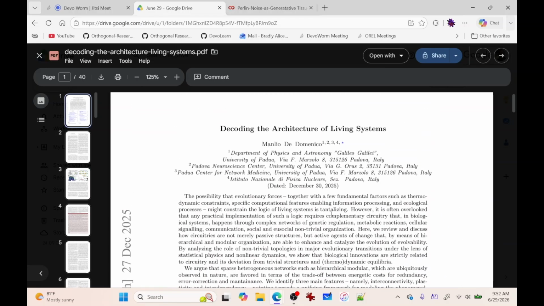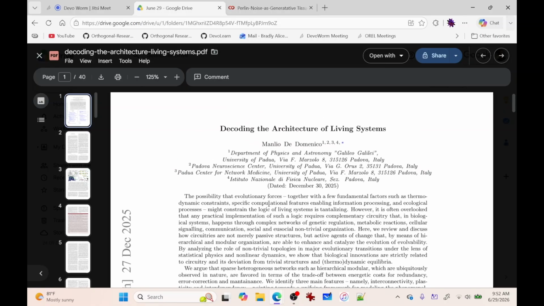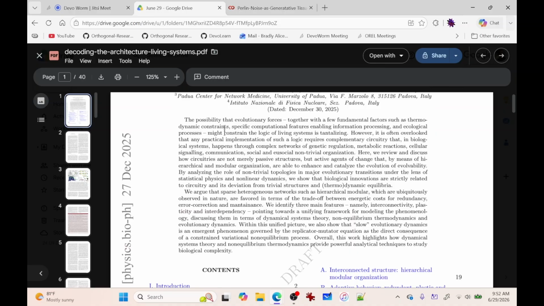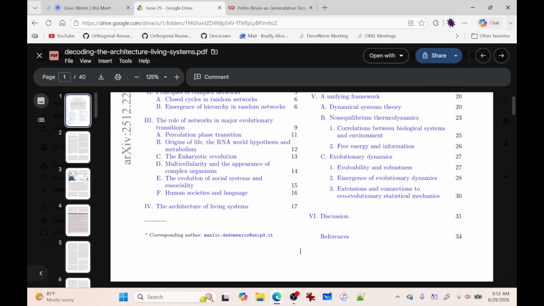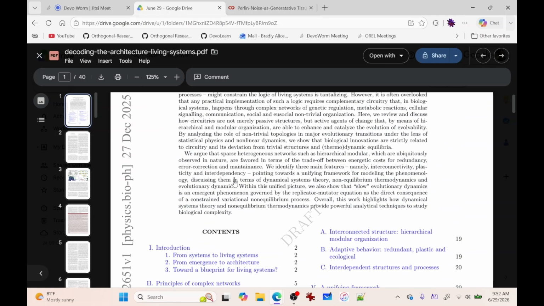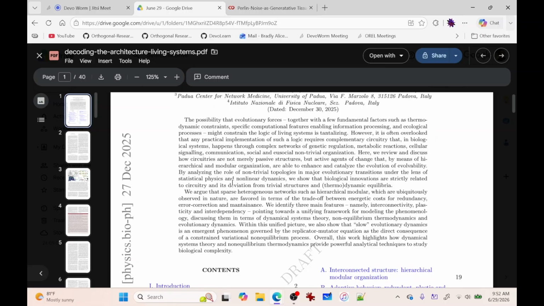And it talks about how we can model living systems? How can we understand them? How can we understand not just their component parts, but their behaviors? And so that's what this paper is about. It's a really long paper. I'm not going to get into it, but this is the outline you can see. I just want to go through the abstract and get you thinking about this area.